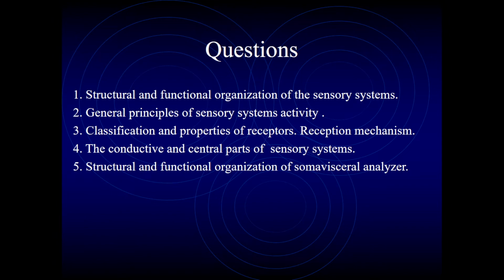For example, we cannot hear sound of frequencies above 20,000 Hz. Even dogs can hear them. The maximal activity of sensory systems is observed in a person aged 17 to 20 years, after which it slowly decreases.